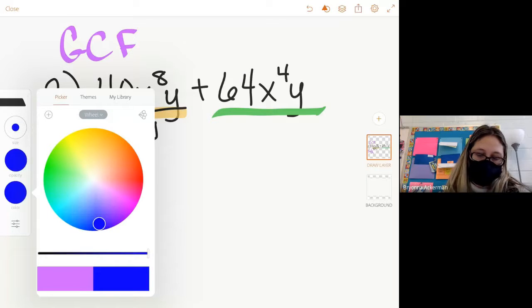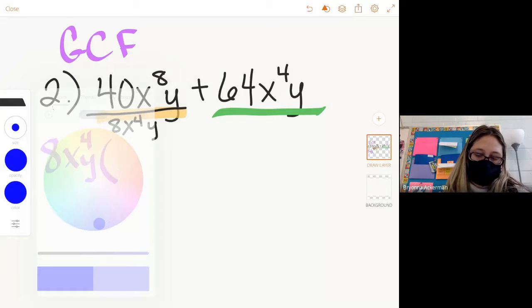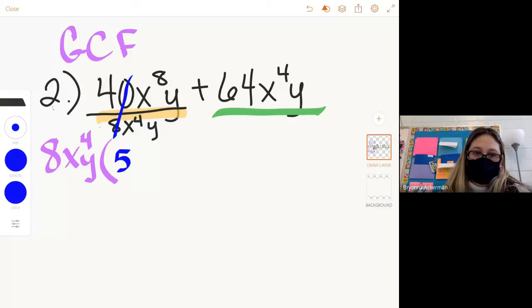Right here, we're just doing the numbers first. So 40 divided by 8, 5. Then I'm going to look at the exponents. I have an 8 and I have a 4. But when I'm dividing, I really subtract. So what's 8 minus 4? 4. So we're going to have x to the 4th.